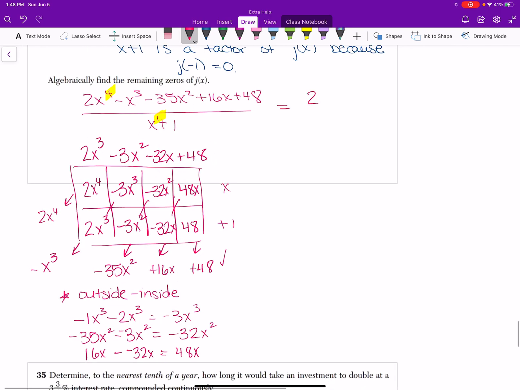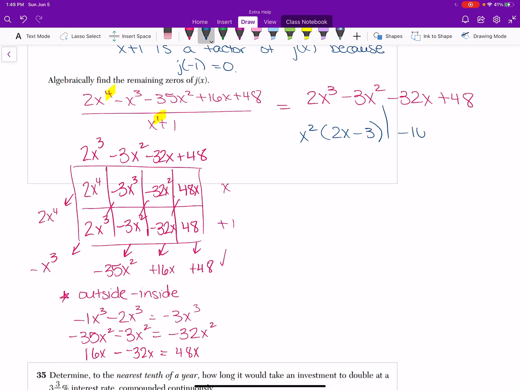So to find the remaining zeros, they are going to come from this new leftover piece that we just got by dividing. So there are 4 terms here, so that means factor by grouping. So I can take out an x squared. I'm left with 2x minus 3.